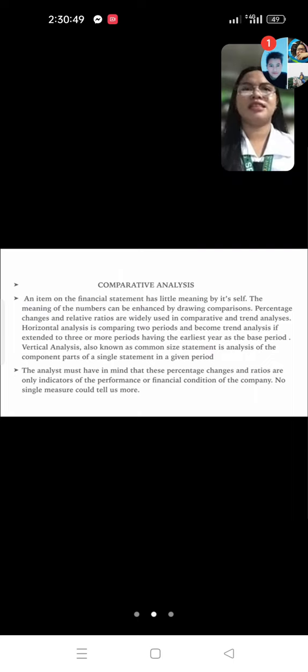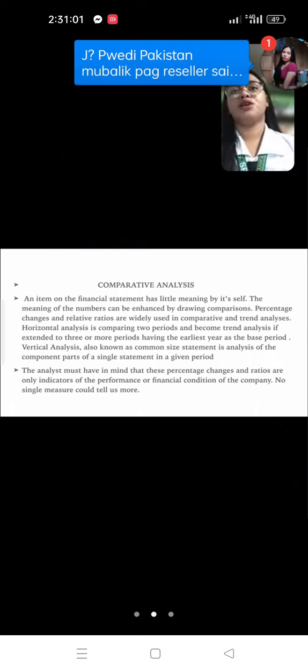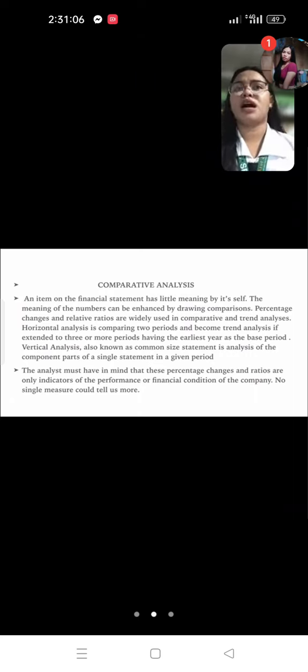So, ano ba ang sense ng financial statement? Pero you can draw the meaning of the numbers by using comparison like percentage changes, mga trend analysis. So, nagkakaroon na siya ng enhancement. So, ano ba yung mga analysis na yon? We have the horizontal analysis.